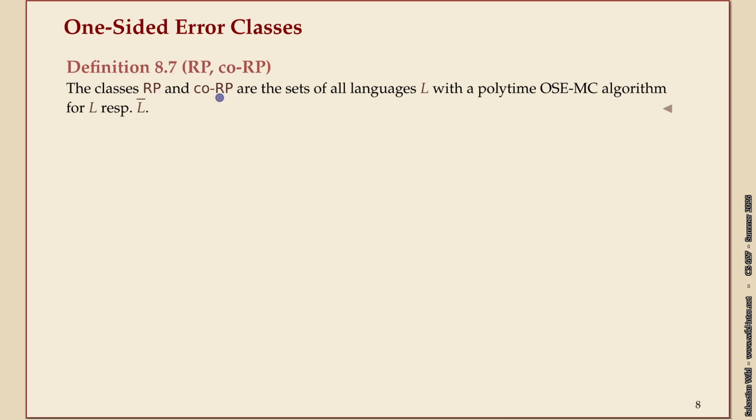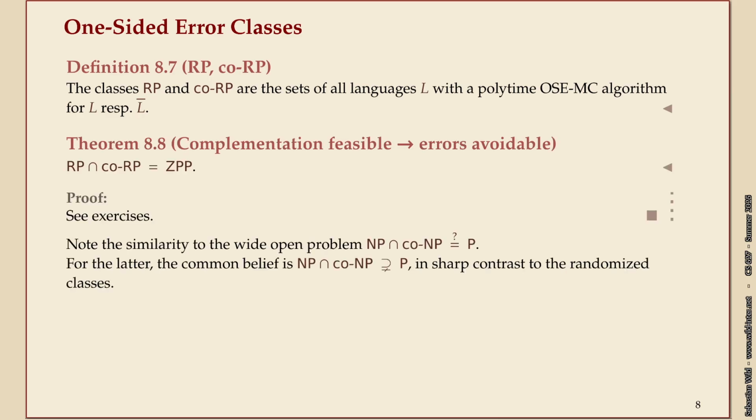These are RP and co-RP. RP is the set of languages where we have such a one-sided error Monte Carlo algorithm, and co-RP is just those where we have it for the complement language. And so again, these are somewhat similar to NP and co-NP in the sense that also there's this asymmetry.